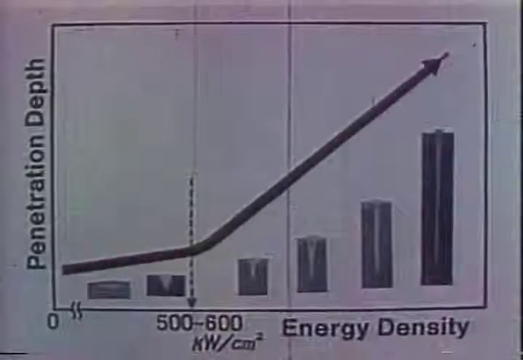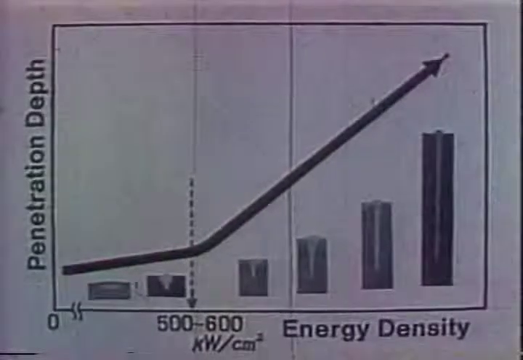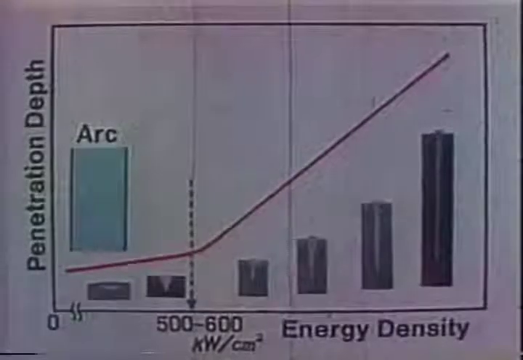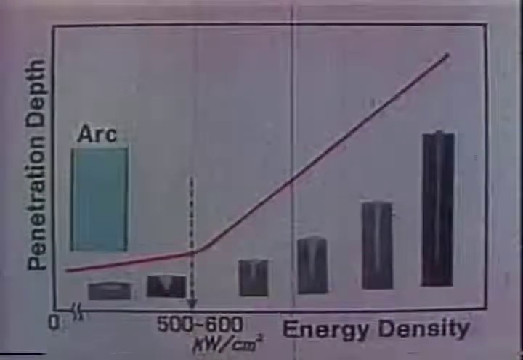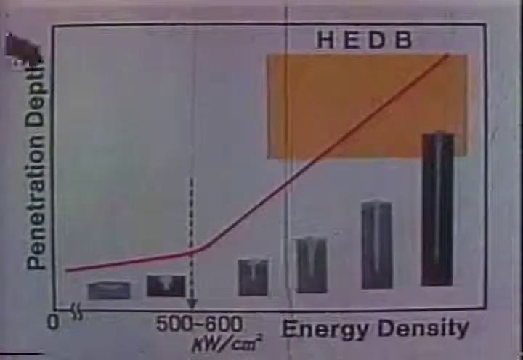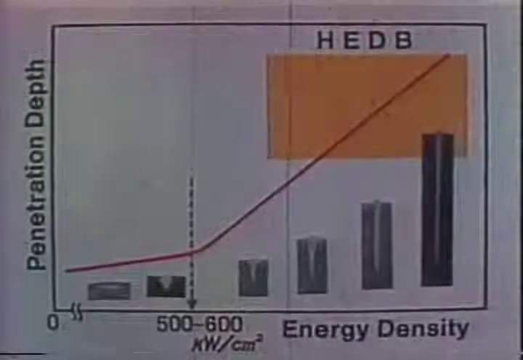Then, a one-pass welding of very thick plate is easily achieved by using a high-energy density heat source. Usually, the arc heat source belongs to the energy range of the blue zone. On the other hand, the orange region marked HEDB is the practical range of a high-energy density beam.